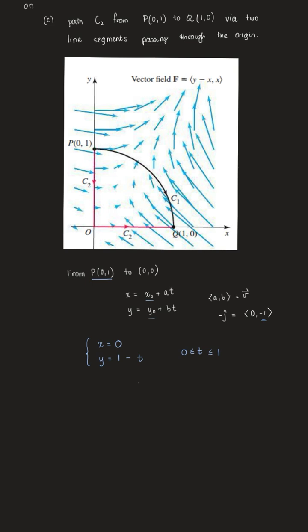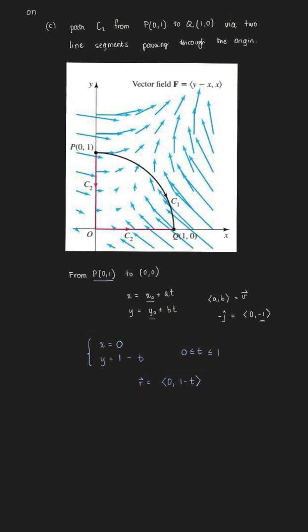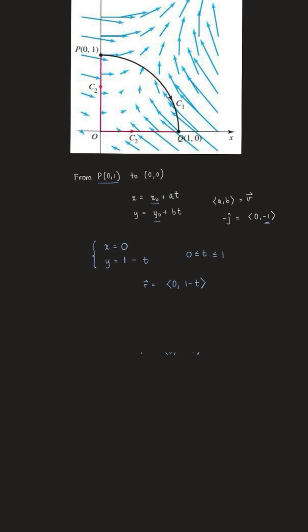All right, so our vector function here is 0, 1 minus t, where t goes from 0 to 1. And we need to write our vector field in terms of t. Recall that our vector field is given by y minus x comma x.